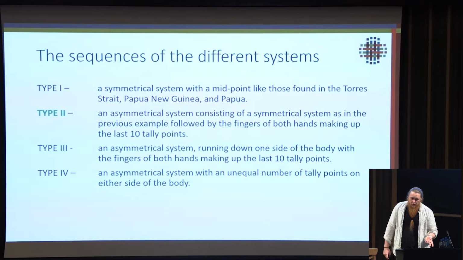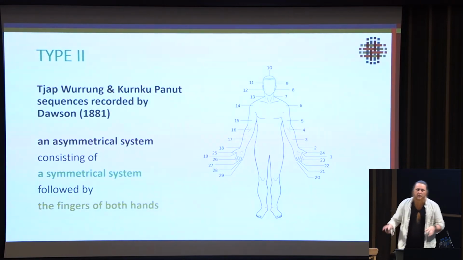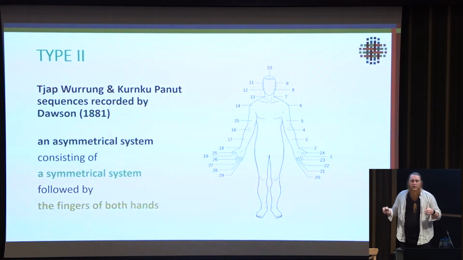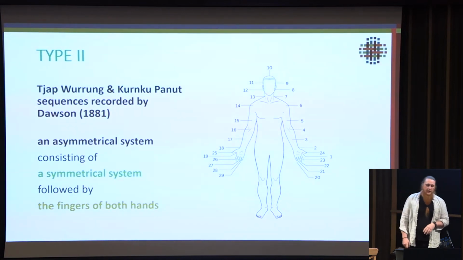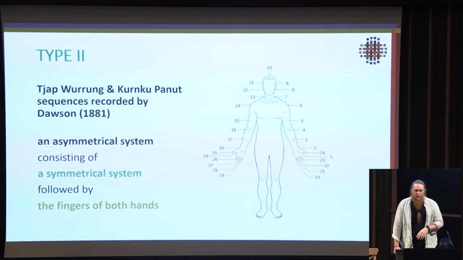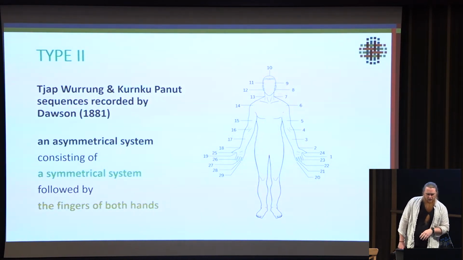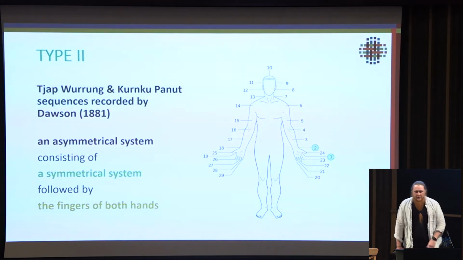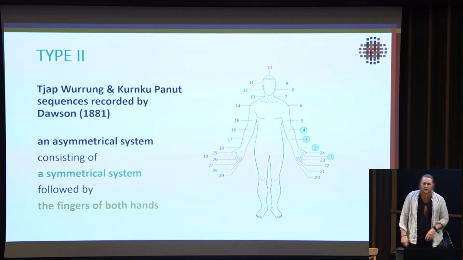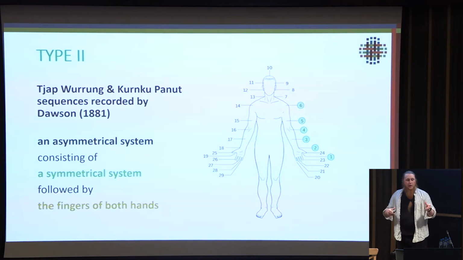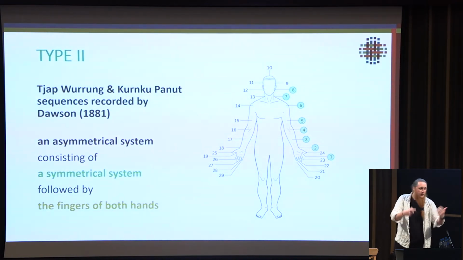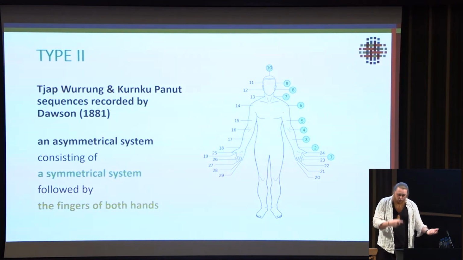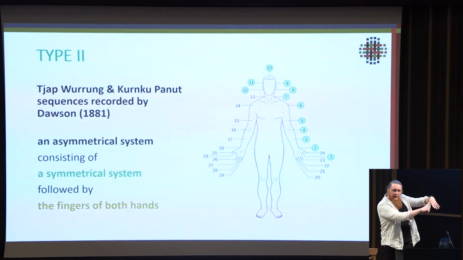Type 2. This is the system that was recorded for the Japurung and the Kernkoppernot by Dawson. This is an asymmetrical system. It consists firstly of a symmetrical system which resembles the previous one that we just saw, starting on this spot here, the place between the thumb and the forefinger.